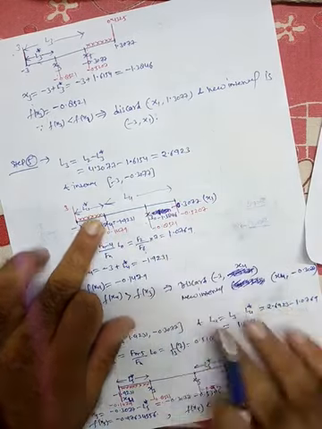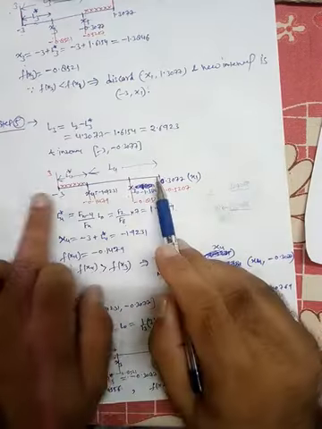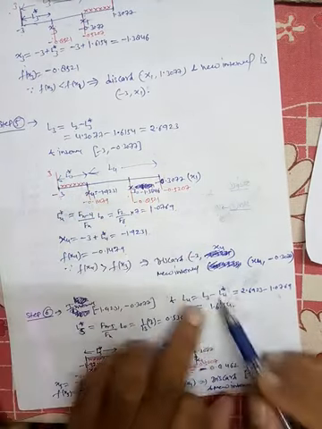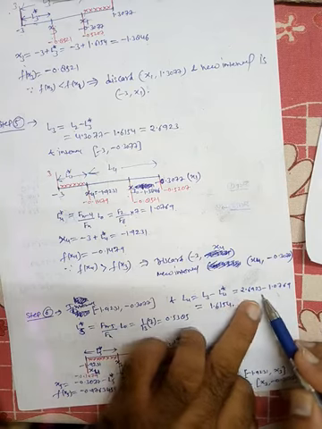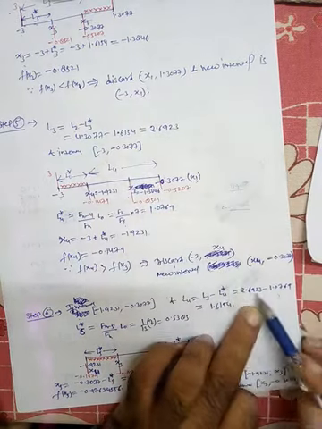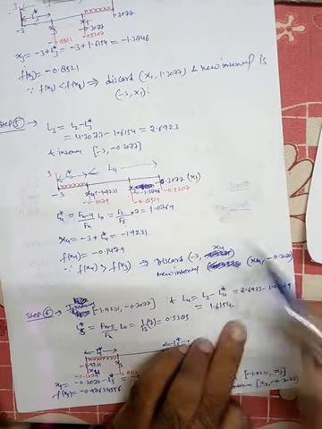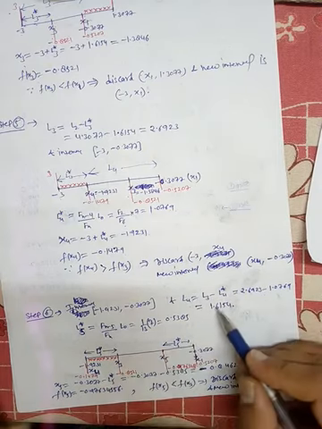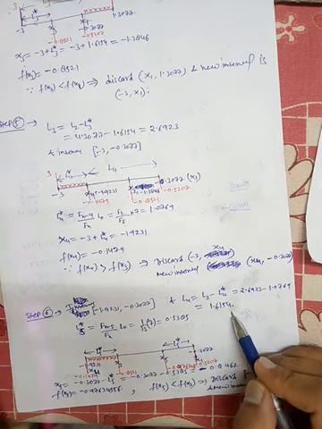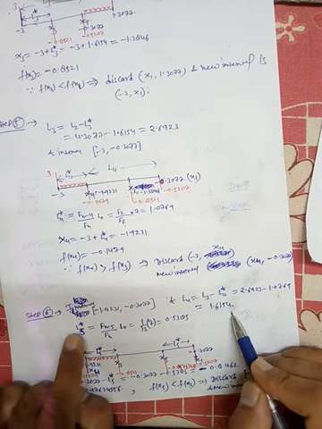So L4 will be what? This total distance is L3. L3 minus L4 star. So L3 is 2.6923, we have already evaluated L3, minus L4 star, which is this. So ultimately their distance L4 is 1.6154.